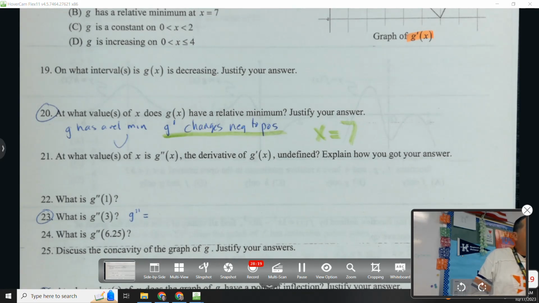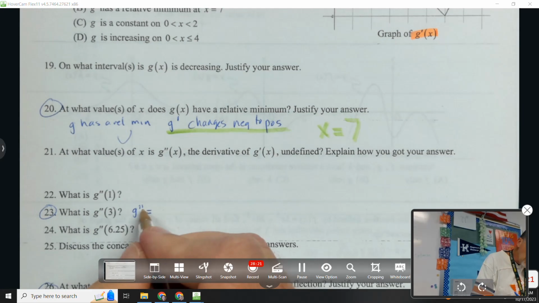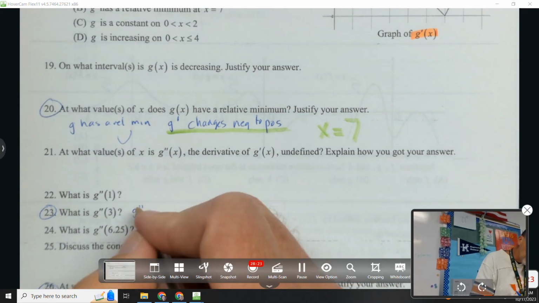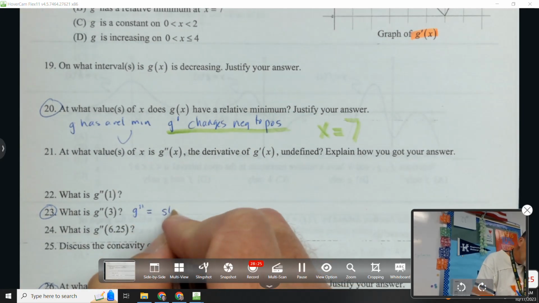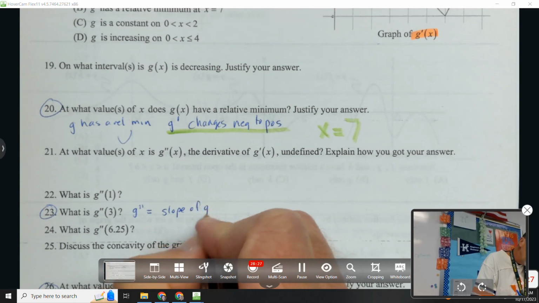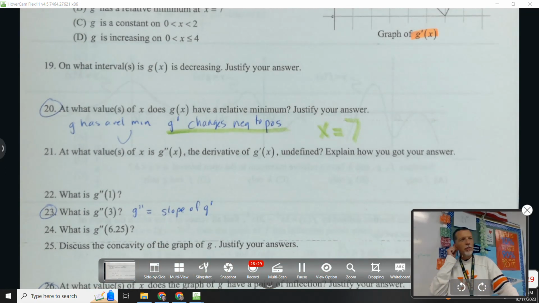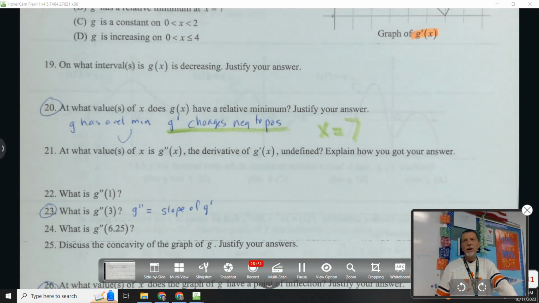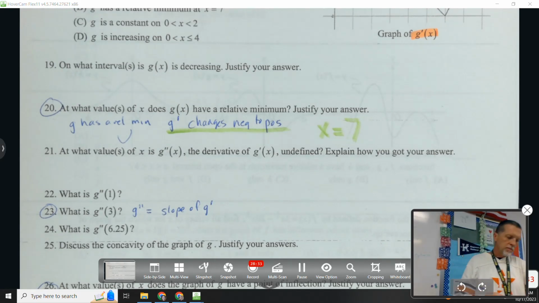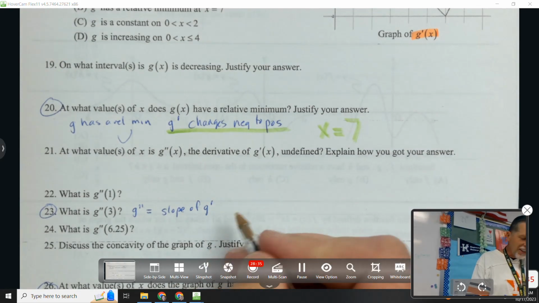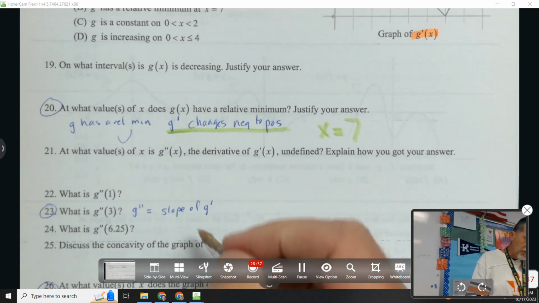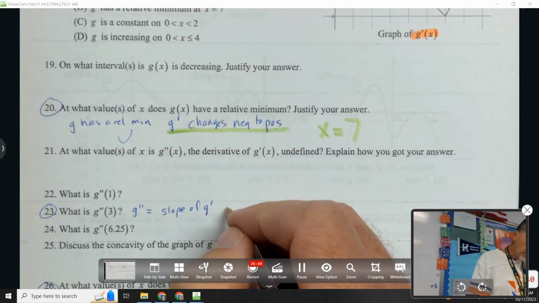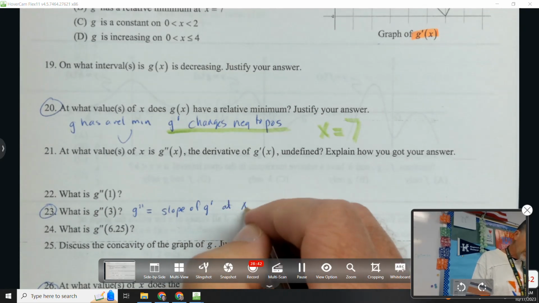Slope? Yes. A prime means slope, so you could think of one of those primes as meaning slope of g prime. So g double prime is the slope of g prime. It's also the concavity, but that's not really what this question's about. So the slope of g prime at x equals 3.